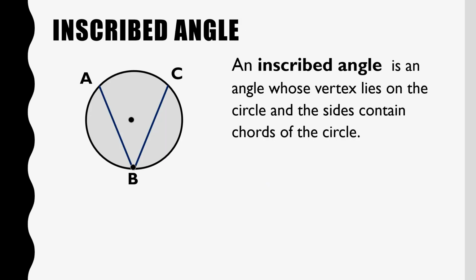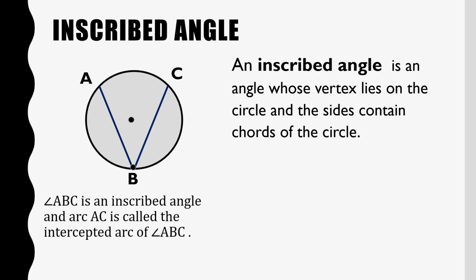Let us now deal with inscribed angle. An inscribed angle is an angle whose vertex lies on the circle and the sides contain chords of the circle. In this case, we have line segment AB as a chord, also line segment BC as another chord, and we have the vertex which is on the circle. So we say that angle ABC is an inscribed angle.